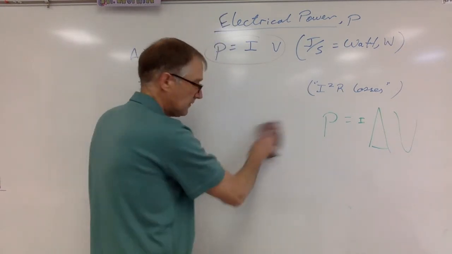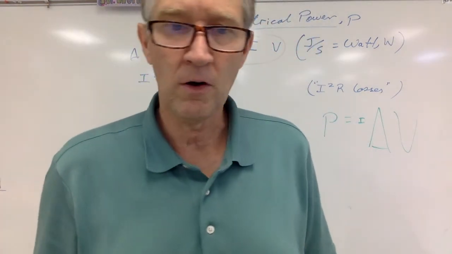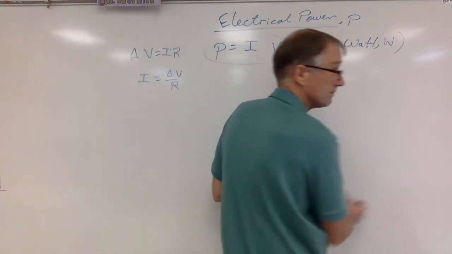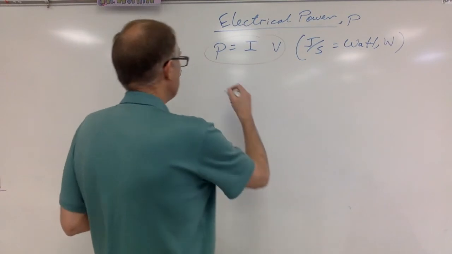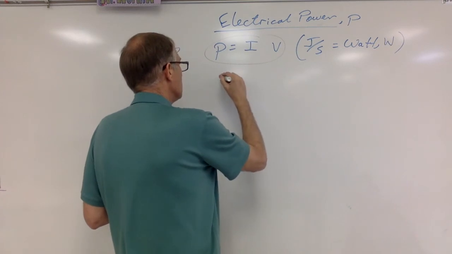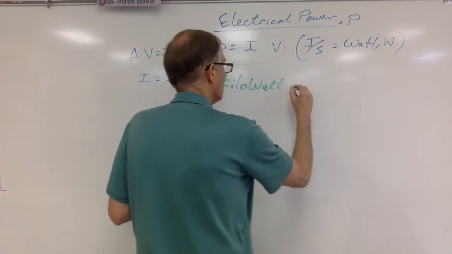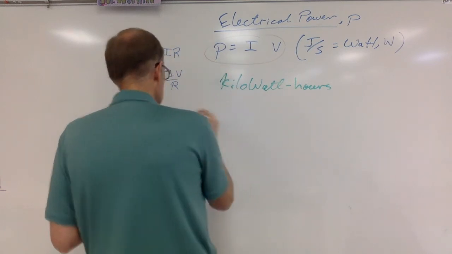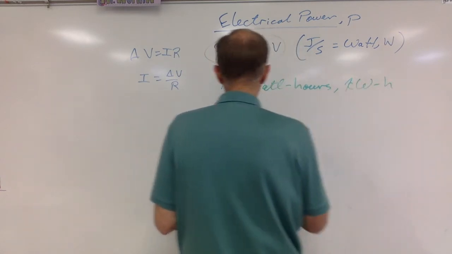Lastly, we talked many moons ago that the joule is a really small unit. So when you look at your electric bill, it's in kilowatt hours, abbreviated kWh.